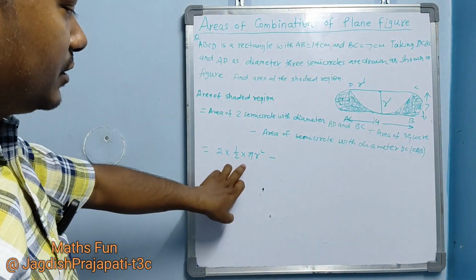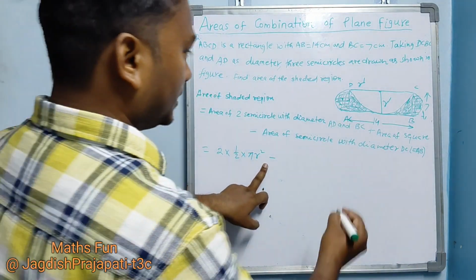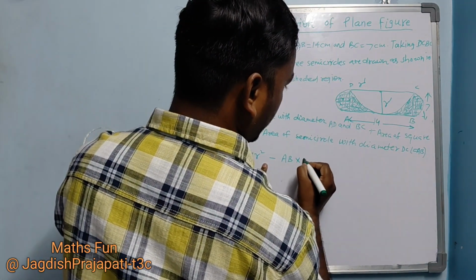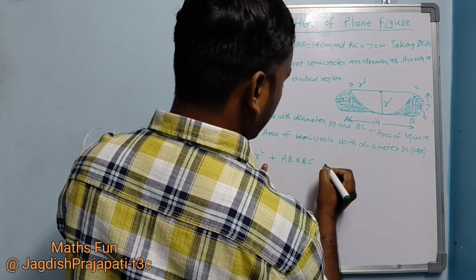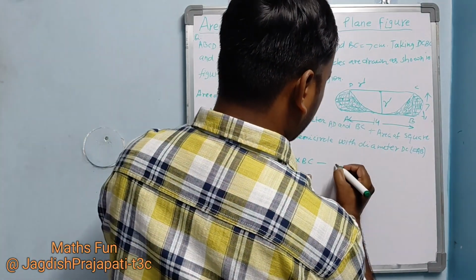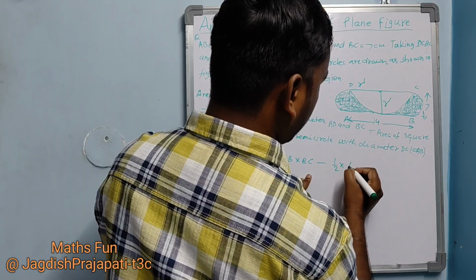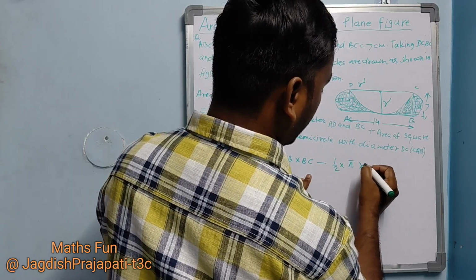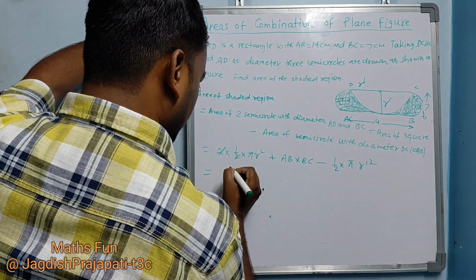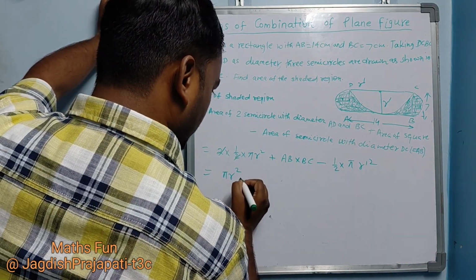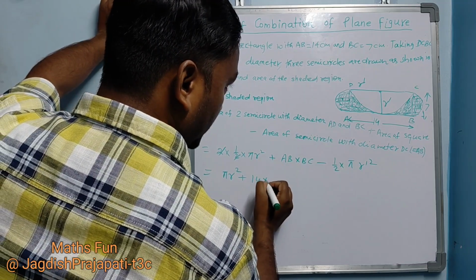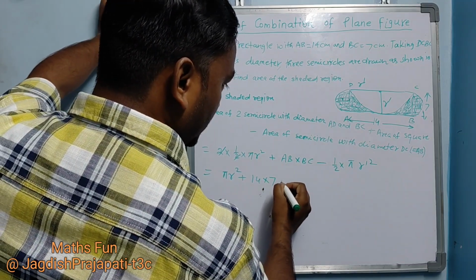So 2 into 1 by 2 pi r square plus area of the rectangle, AB into BC, and then minus area of semicircle, that is 1 by 2 pi r dash square.